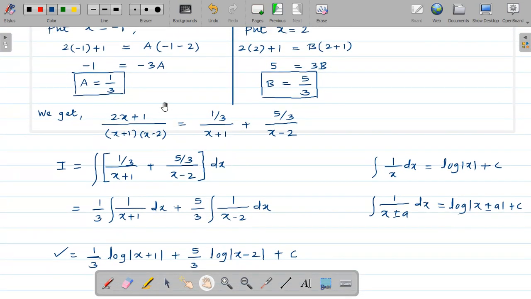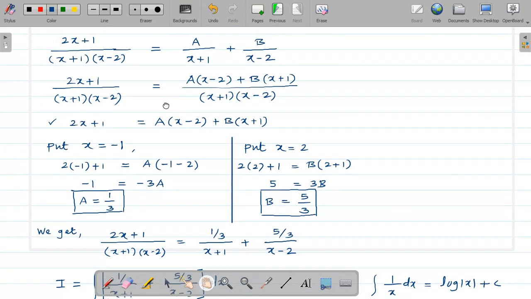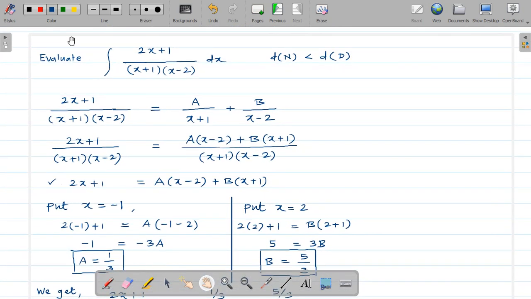So see here, what is the method? As type number 1, for a proper rational function, if the denominator is expressed as two distinct linear factors, then we have to convert this proper rational function into the partial form by considering the constants a and b, a upon x plus 1 plus b upon x minus 2, and to determine the values of a and b, we have to cross multiply, and then comparing both sides you will get this step.